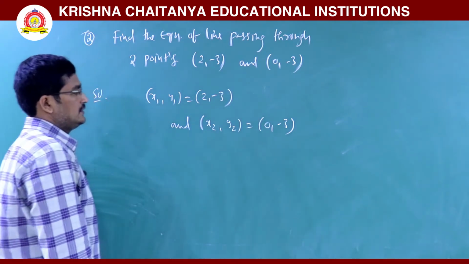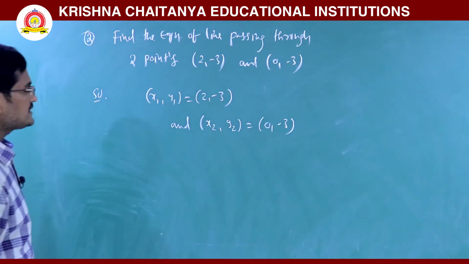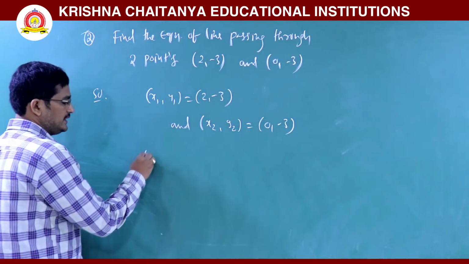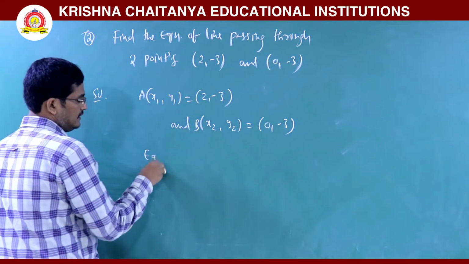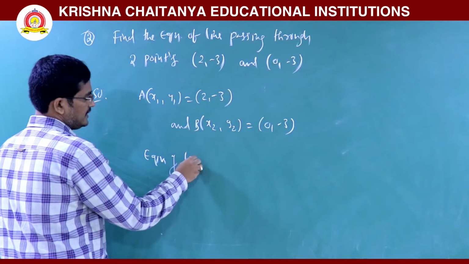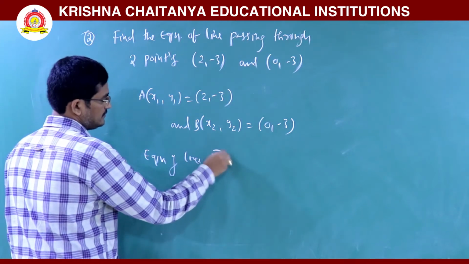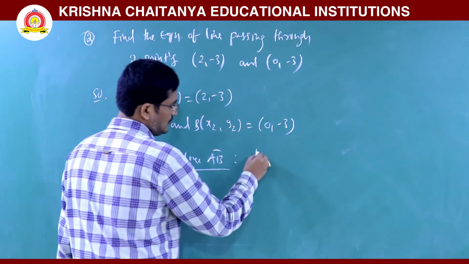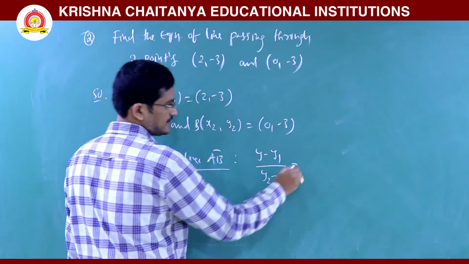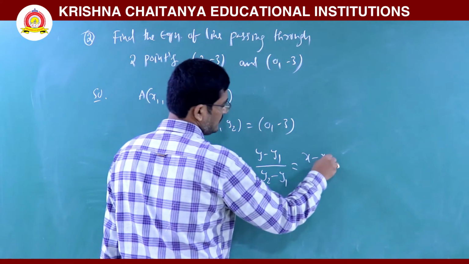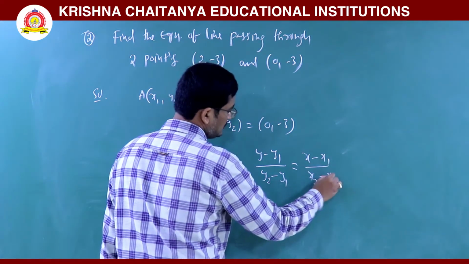I am taking this one as A, this one as B, then the equation of line AB is, what is the formula? (y minus y1) by (y2 minus y1) is equal to (x minus x1) by (x2 minus x1), already you know.